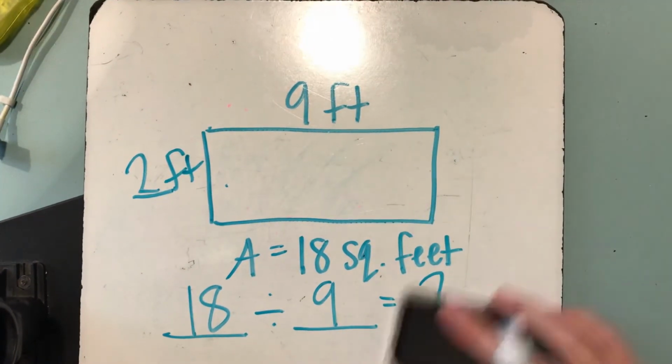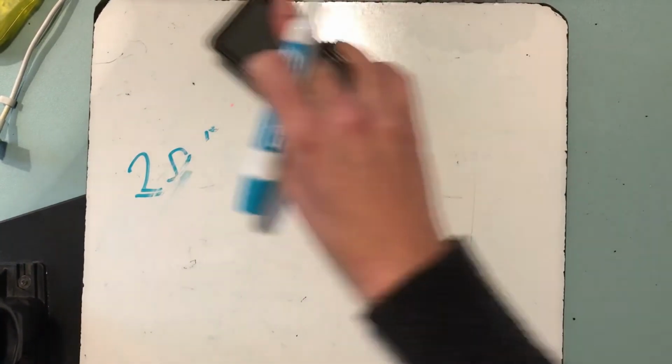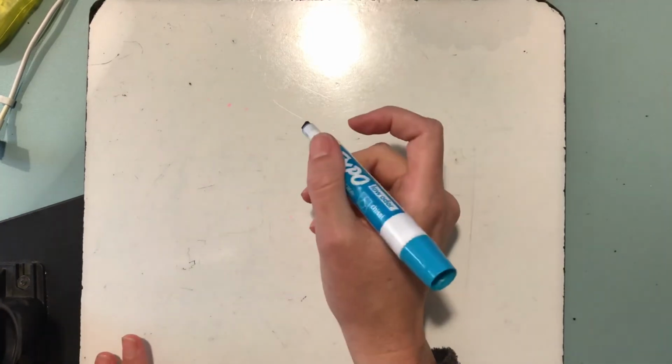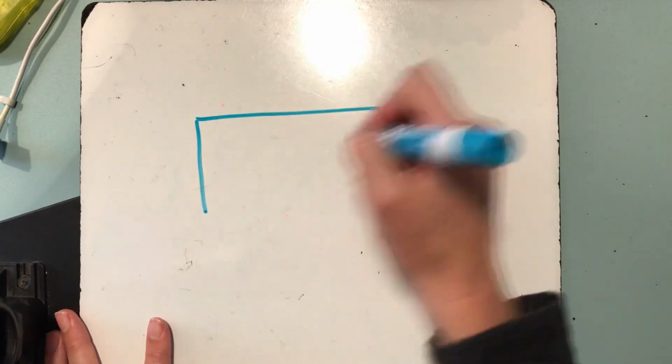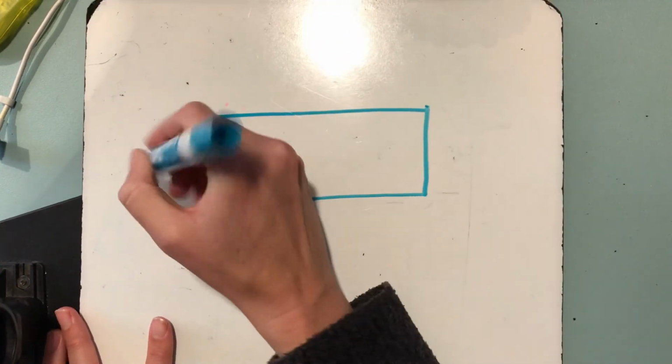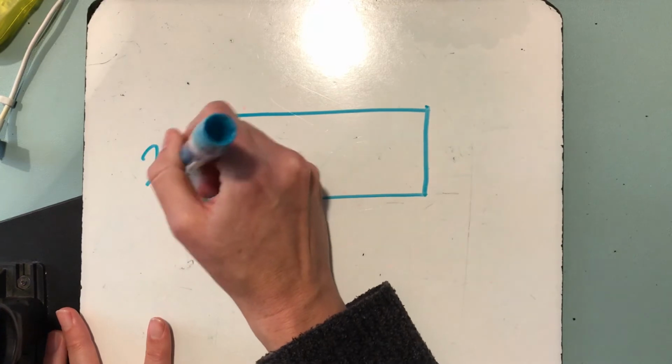All right, now it's your turn. Get your whiteboards out, your markers, and your erasers, and we will do some together. So pause the video. Okie dokie, here we go. I know one of my sides is 2 feet.